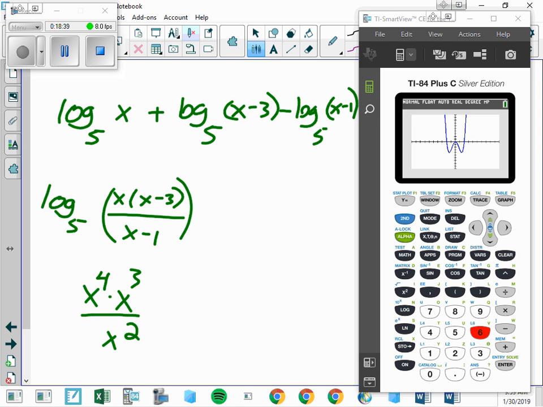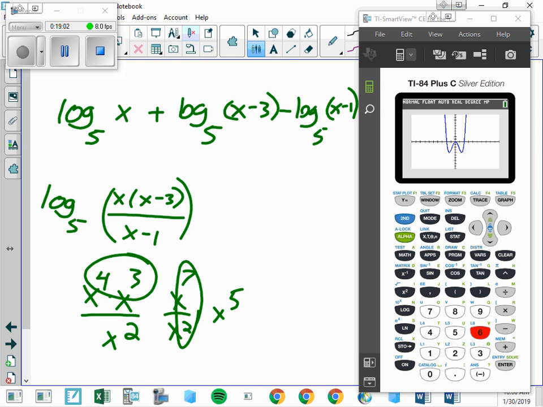If they're divided, we subtract the exponents. So this is x to the seventh over x squared, which is x to the fifth. These combine together using addition, and these combine together using subtraction. That's a little bit of a simplified explanation, but basically that's what's happening.